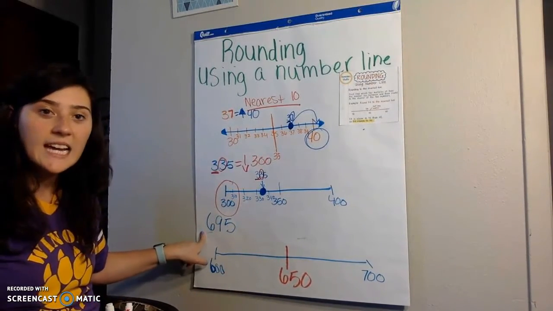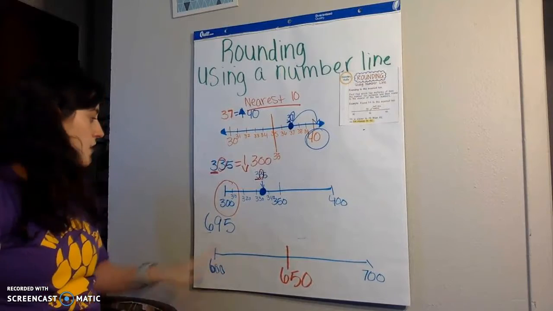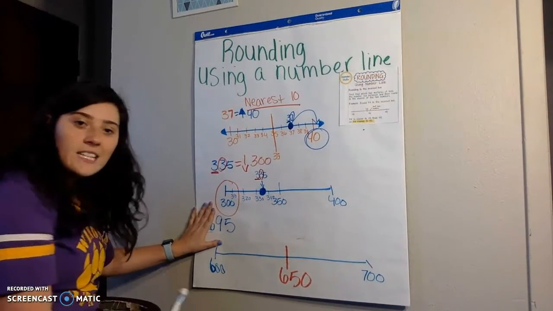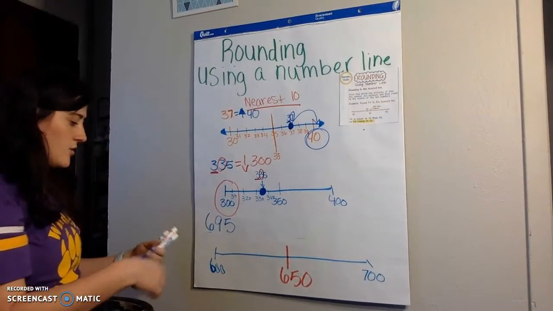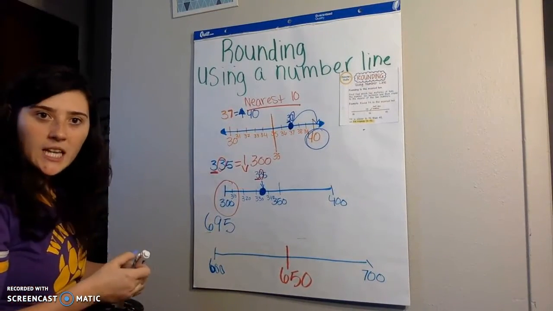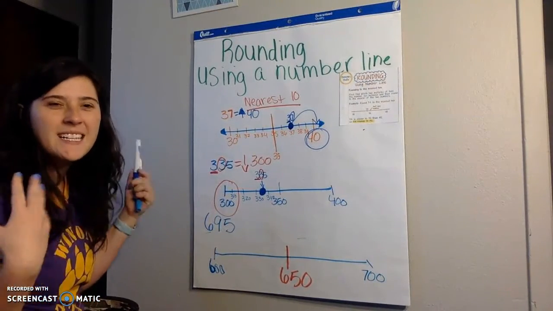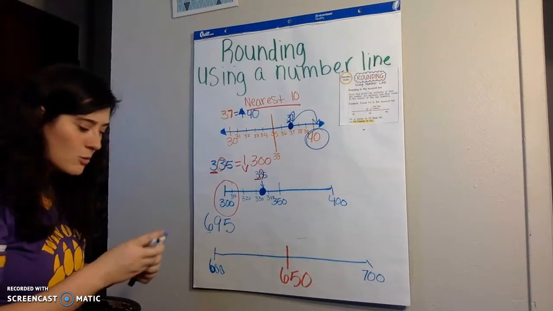Now here comes the hard part: making sure I put my dot in the correct spot for 695. Looking at this 95, I know 95 is way greater than 50. So I'm going to label again, counting up by tens, because tens is a nice easy number for me to work with.